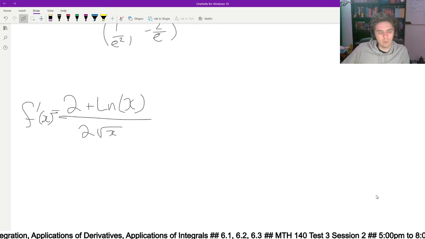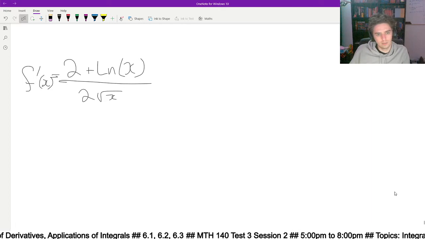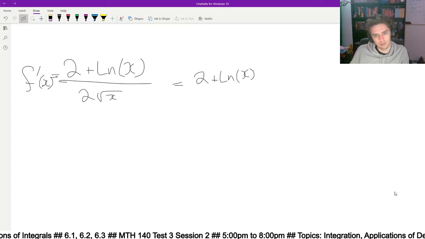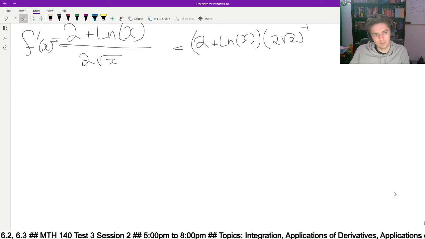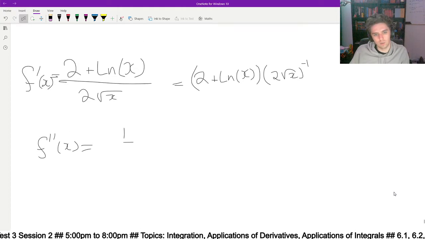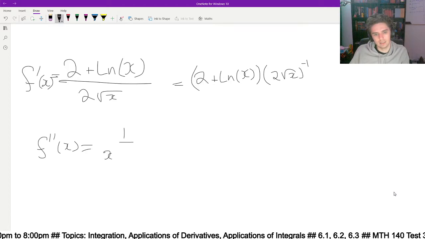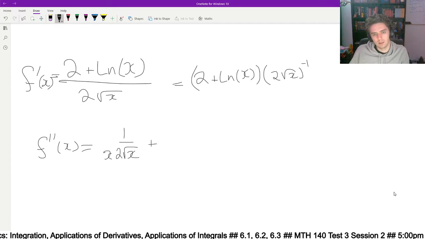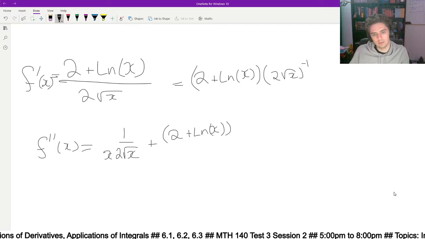And so I want to take the derivative of this. So I will have to do my favorite, well, not quotient rule, but almost quotient rule. 2 root x to the negative 1. So the derivative of that is the derivative of the first one, so it's just going to be 1 over x times the second one, so it's going to be 1 over x, 2 root x, plus the first one, 2 plus ln x, times the derivative of the second one.